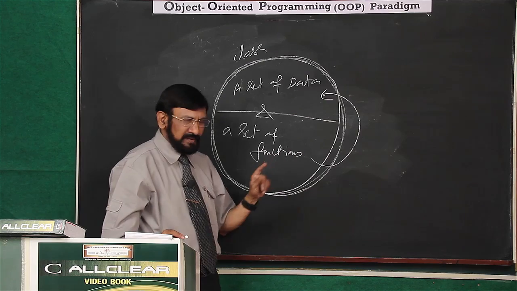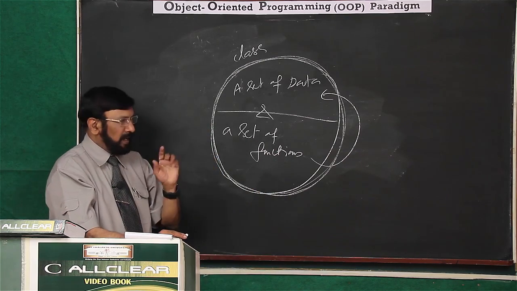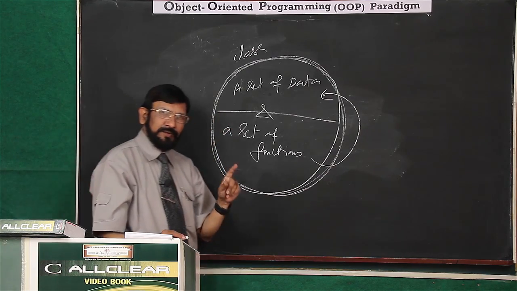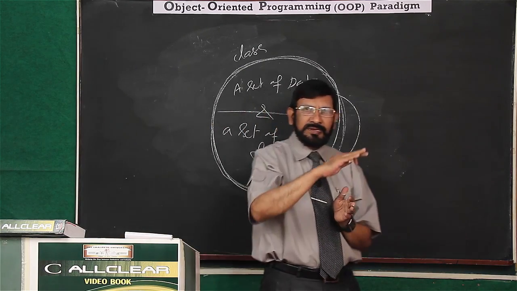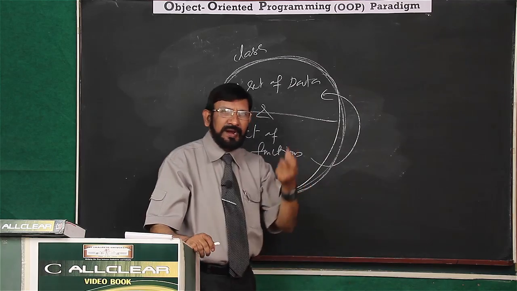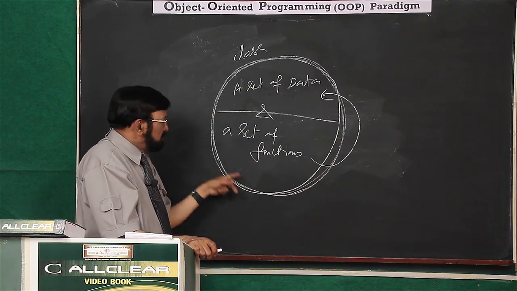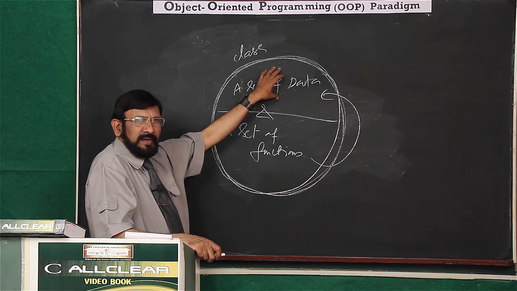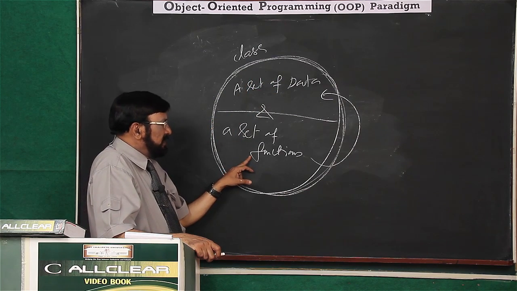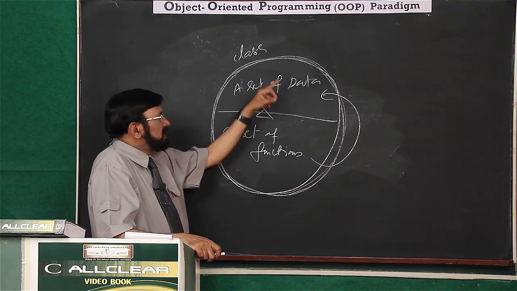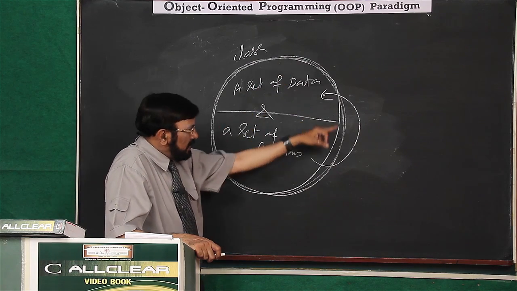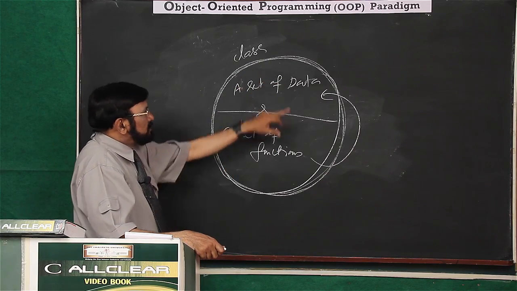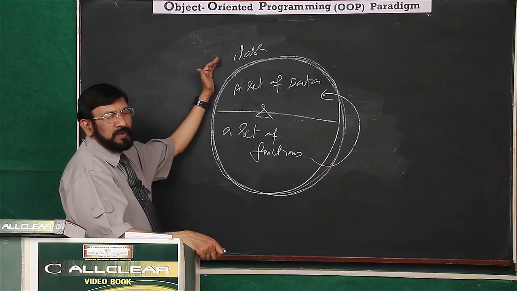One example, because it may be a little difficult for you, and through example you can better understand. So once again I tell you, a class is a self-contained entity. A set of data is there and a set of functions which act upon the data are encapsulated, are packed as one unit with an identifiable name.